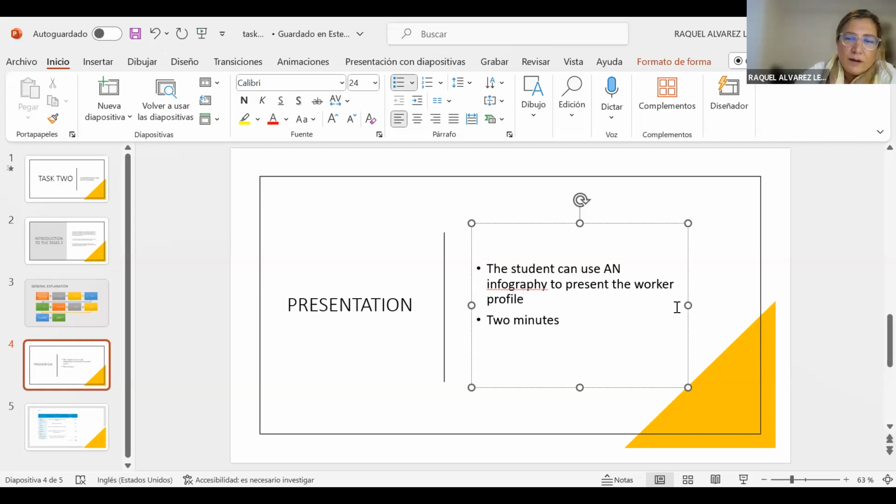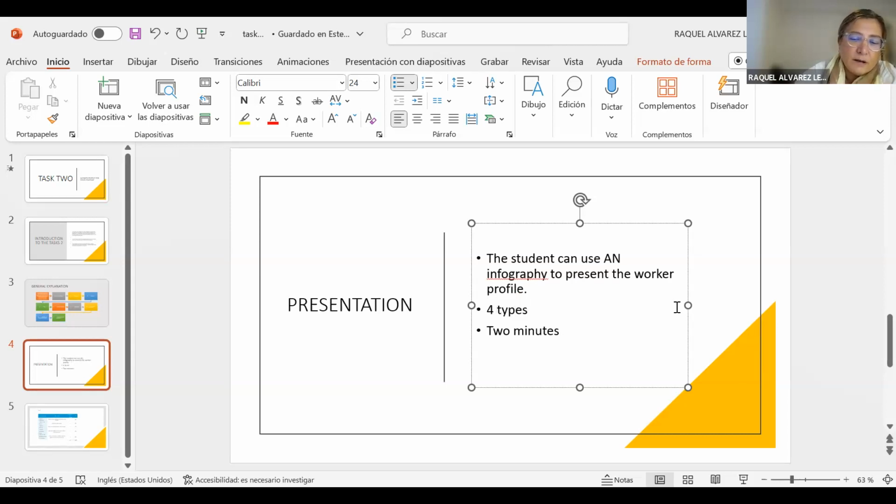Obviously, if you imagine that you need 4 kinds or 4 types of profile, in a mural or in an infography you can present the 4 kinds of profiles you are looking for, and you can tell me the qualifications, if they need a master and what kind of master.